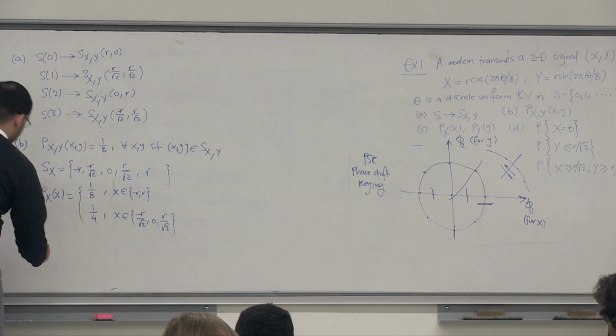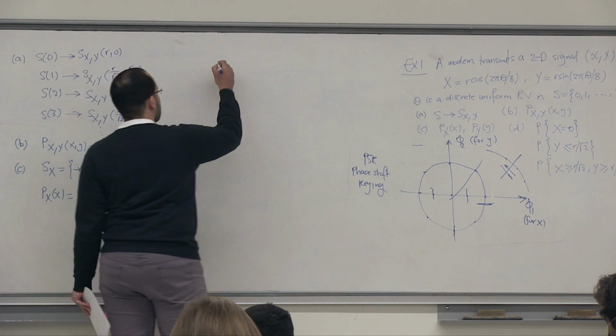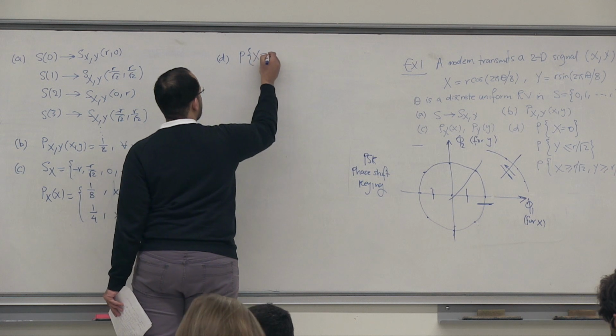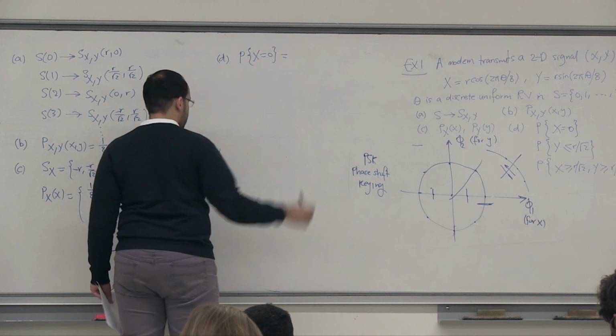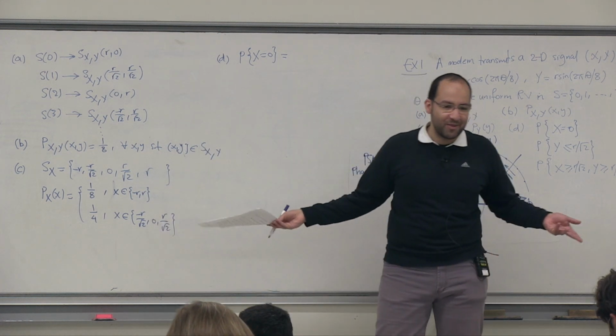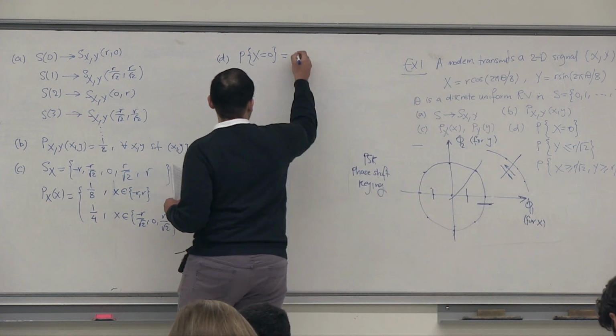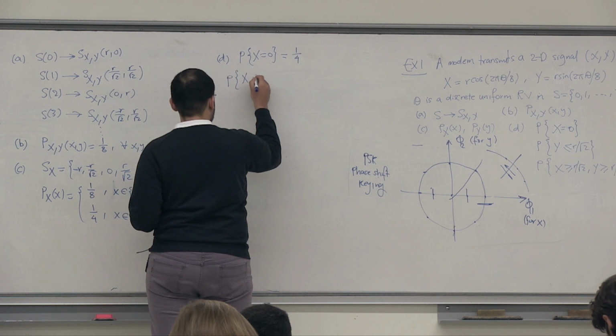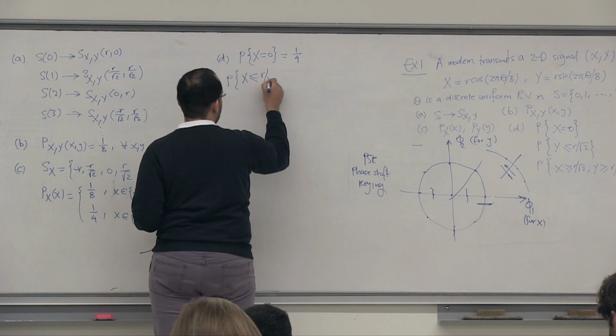Let's calculate some probabilities quickly. What is the probability of the event X equals 0? We just did it, so there is nothing to do here. What is the probability of the event X less than or equal to R over square root 2?